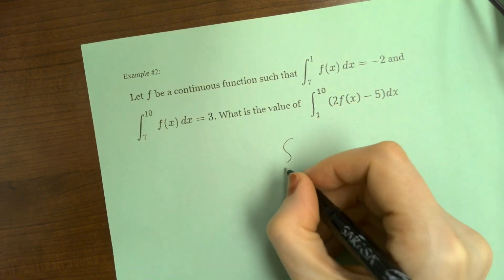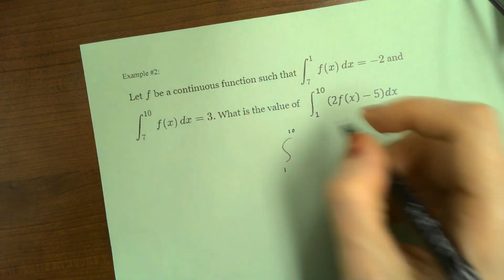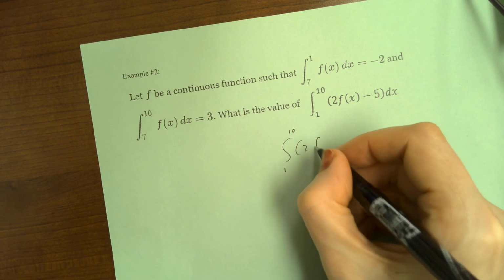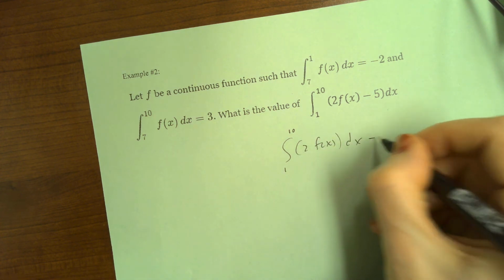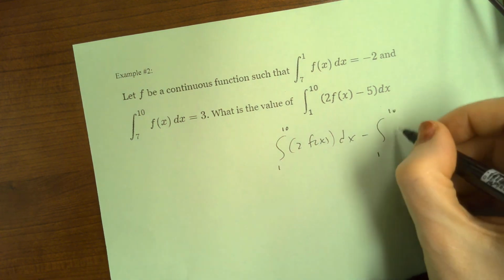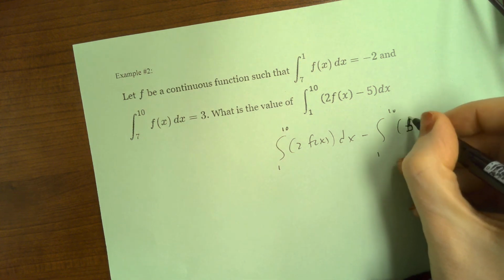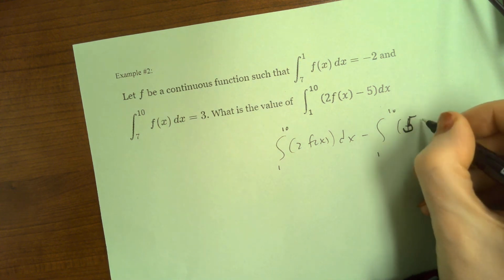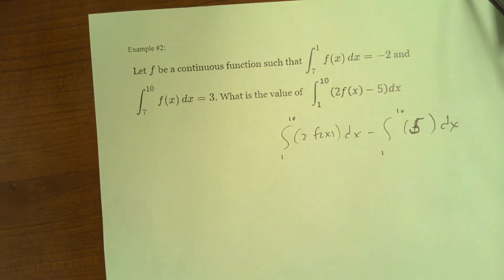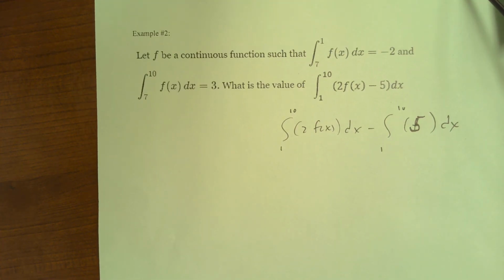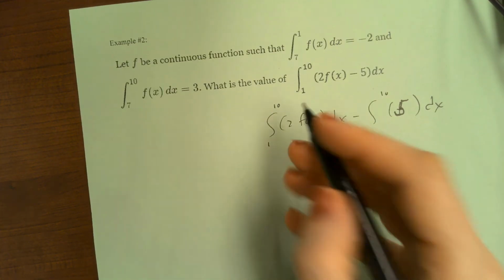You can go faster than me, guys, but let me really break it down. So the integral from 1 to 10, 2 f of x dx minus the integral from 1 to 10 of 5 dx. Okay. And then here I can pull the 2 out front.